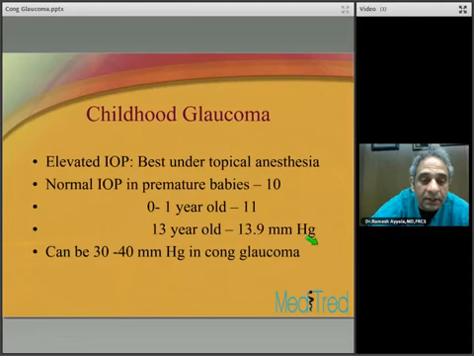So the differential diagnosis for a baby who presents with congenital glaucoma would include nasolacrimal duct obstruction, in which case you can see a mucopurulent discharge apart from the classic triad that we just described, uveitis and corneal injury. All three of these disease processes can present with epiphora, photophobia, and blepharospasm.